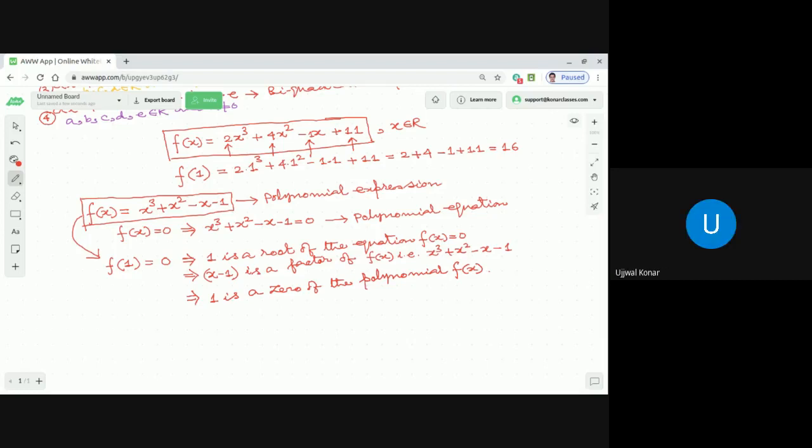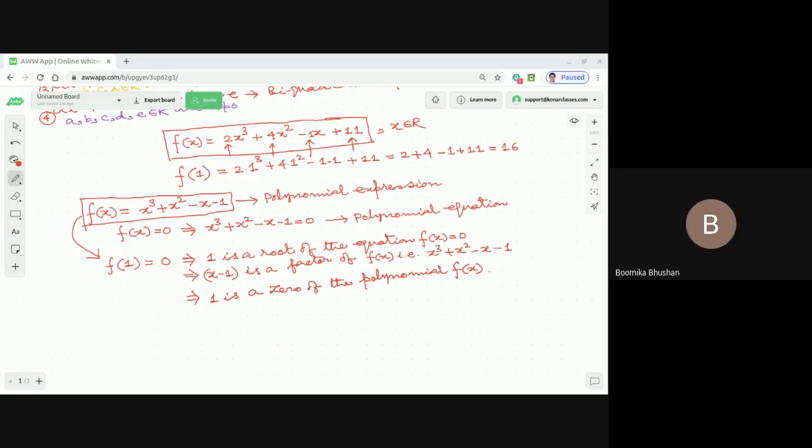From that result that f(1) equal to 0, we can conclude three things. First, 1 is a root of the equation f(x) equal to 0. Second, x minus 1 is a factor of f(x), which we are going to discuss in detail. And the third is that 1 is a zero of the polynomial f(x). Correct or not? Absolutely clear?